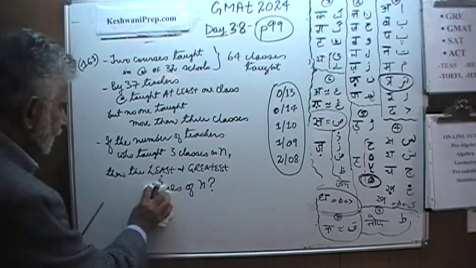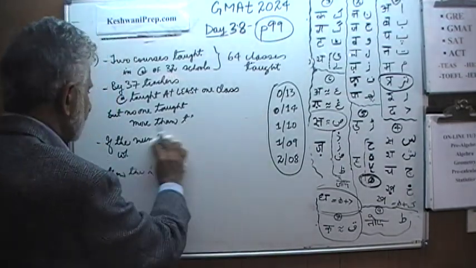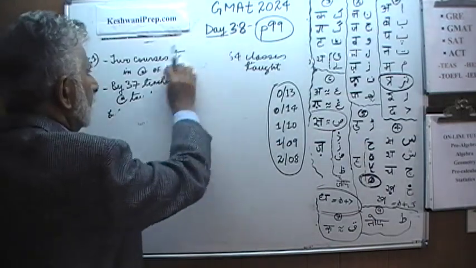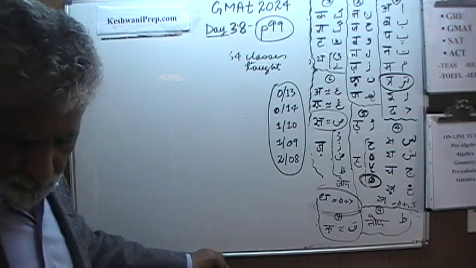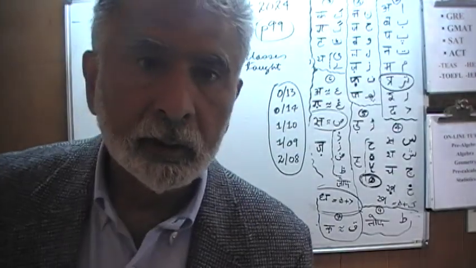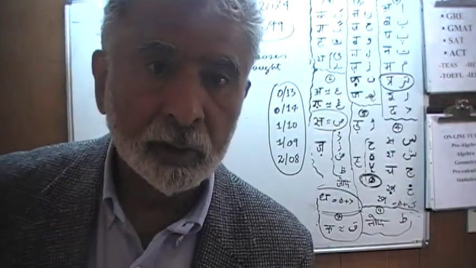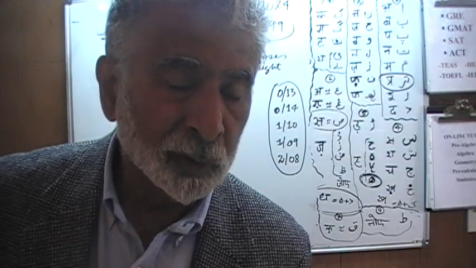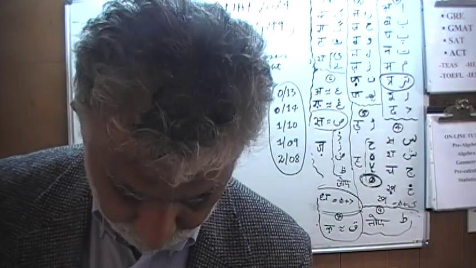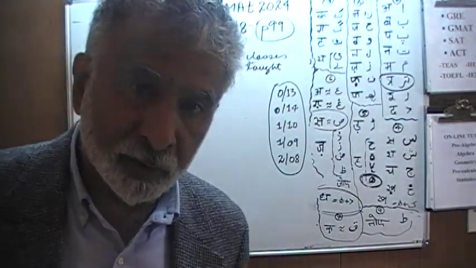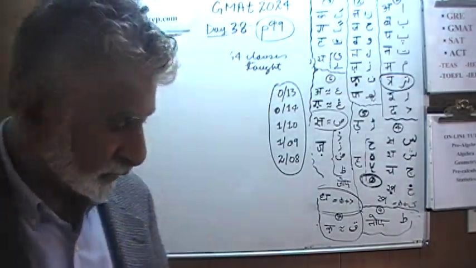Let's begin now. Remember that we were told that there was no teacher who taught no courses, and there was no teacher who taught more than 3, which is very important. And we know now that 64 classes were taught.